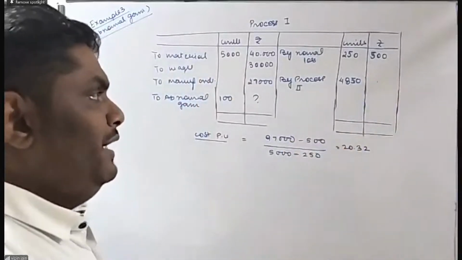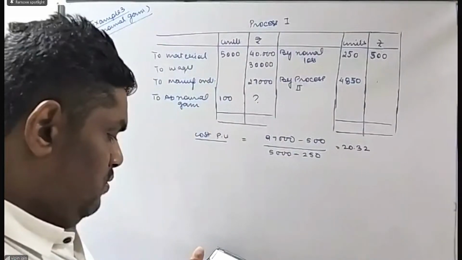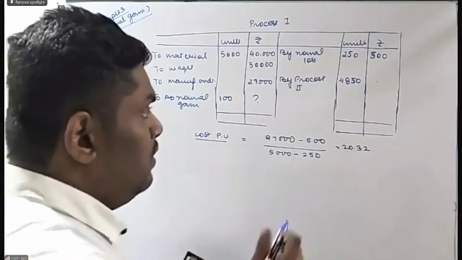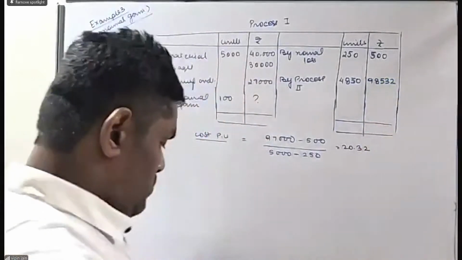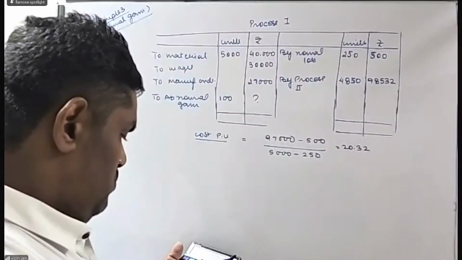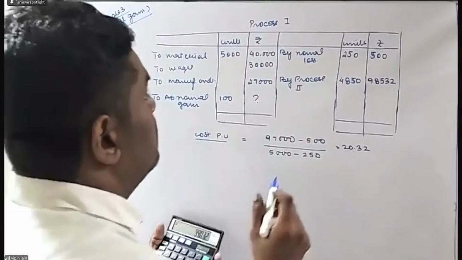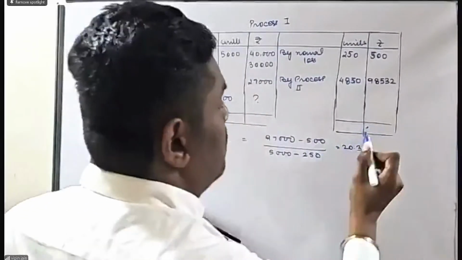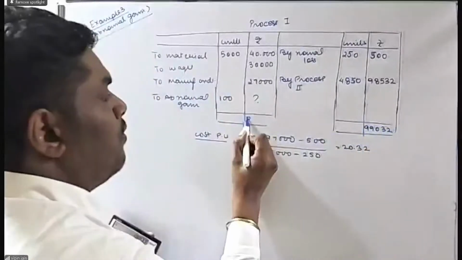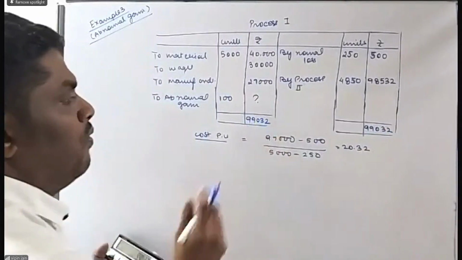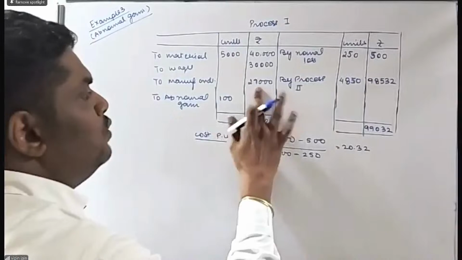So 20.32 into 4850. This will be 98,532. This will be 2032.